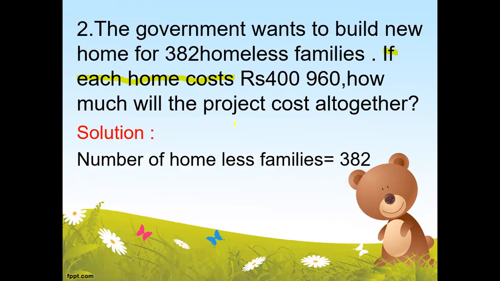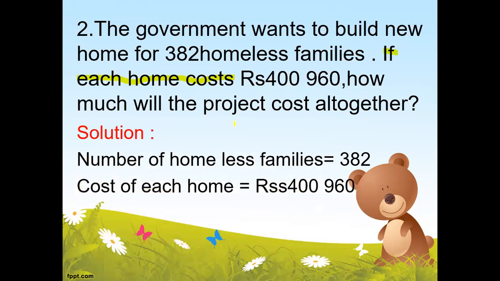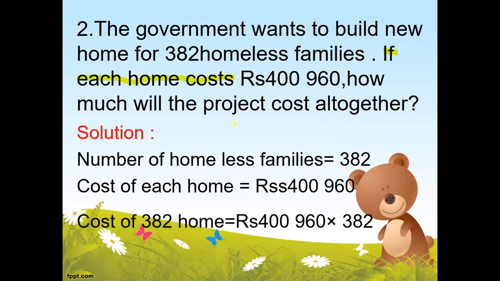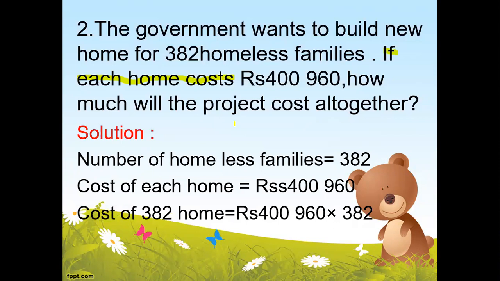So the number of homeless families is 382. The cost of each home is rupees 400,960, and we want to calculate the cost of 382 homes. For that, you will do the multiplication. You can see the multiplication on the next slide, but it would be better if you first multiply it by yourself and then go to the next slide.